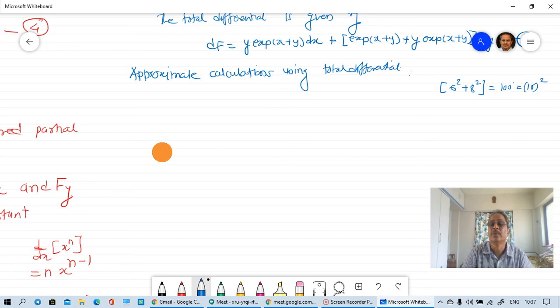But if someone writes 6.01 square plus 8.02 square, naturally this will be more than 100, or it will be 10 point something. So what is this? So these approximate values can be calculated using this. Such types of problems we are going to discuss later on.